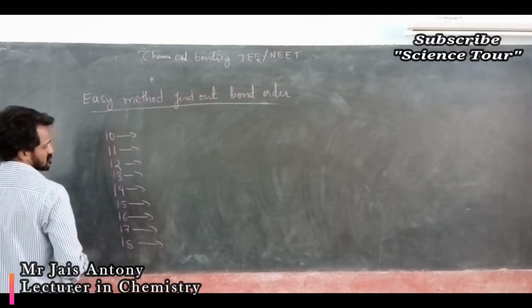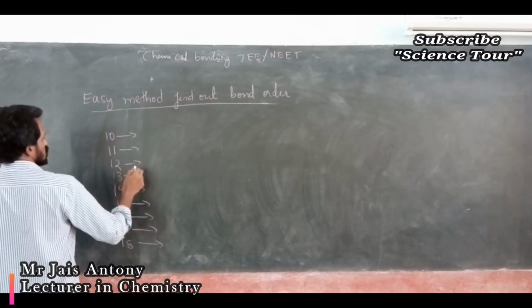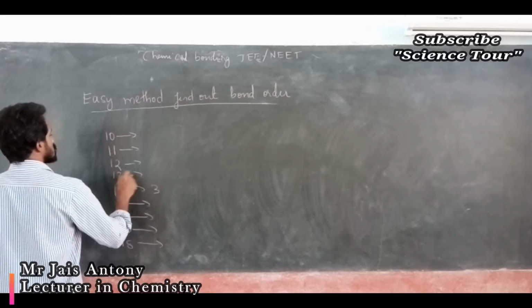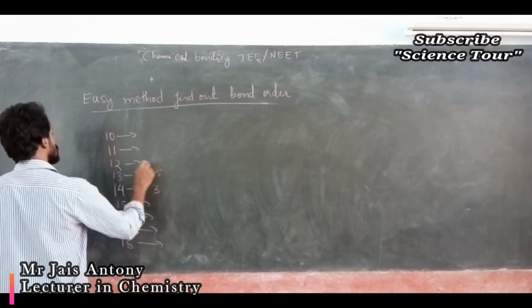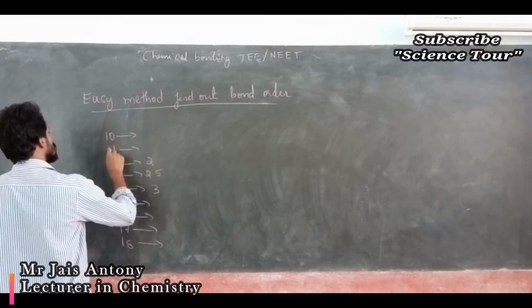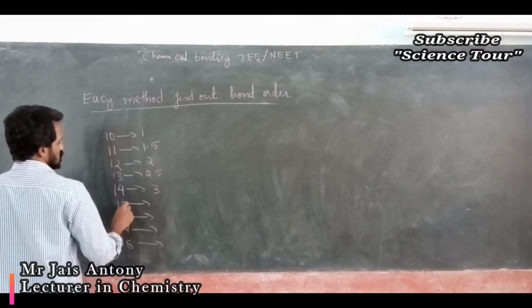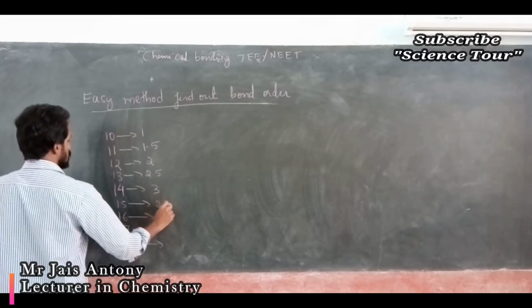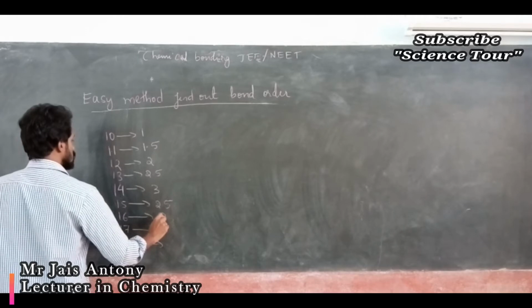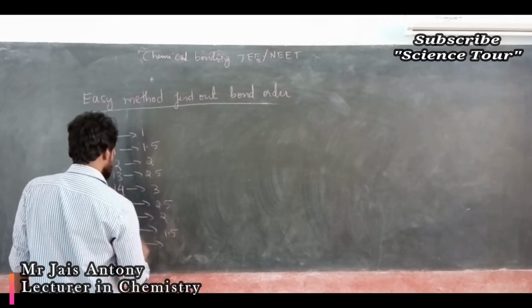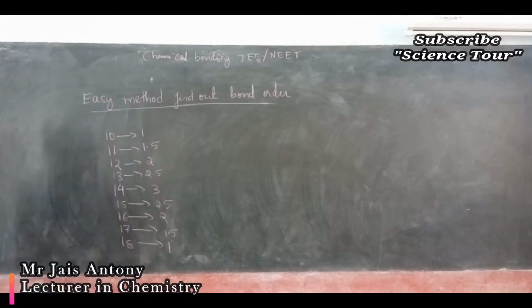For 14 electrons, bond order is 3, 13 electrons 2.5, 12 electrons 2, 11 electrons 1.5, and 10 electrons 1. Again, 15 electrons 2.5, 16 electrons 2, 17 electrons 1.5, and 18 electrons 1. This is the bond order.